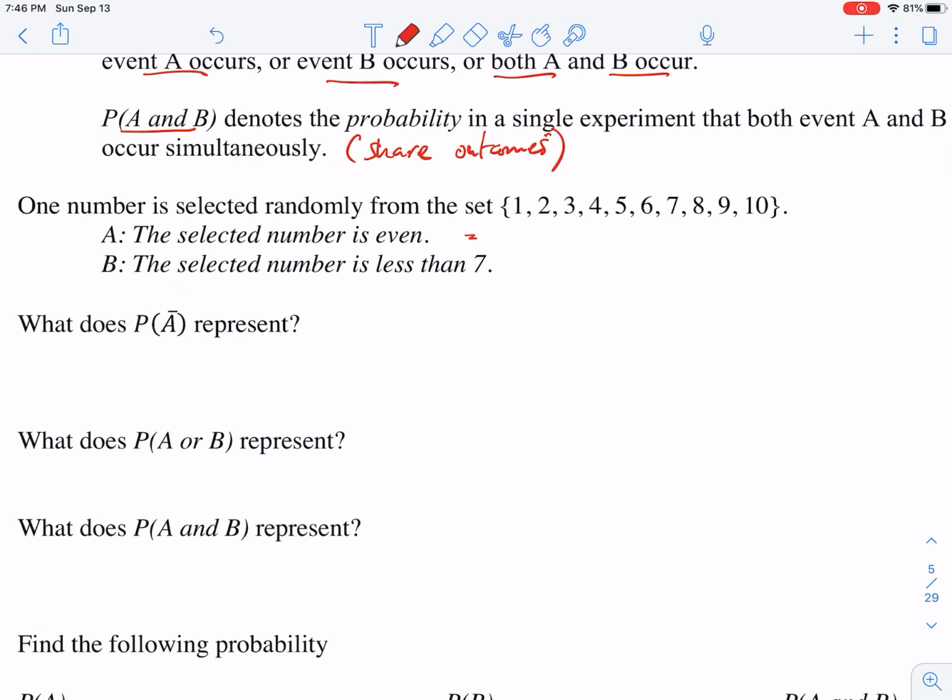For event A, if the selected number is even, we can choose from 2, 4, 6, 8, or 10. And if the number selected is less than 7, we can choose from 1, 2, 3, 4, 5, 6. So there are 6 choices for event B and 5 choices for event A. These are the outcomes for these events.